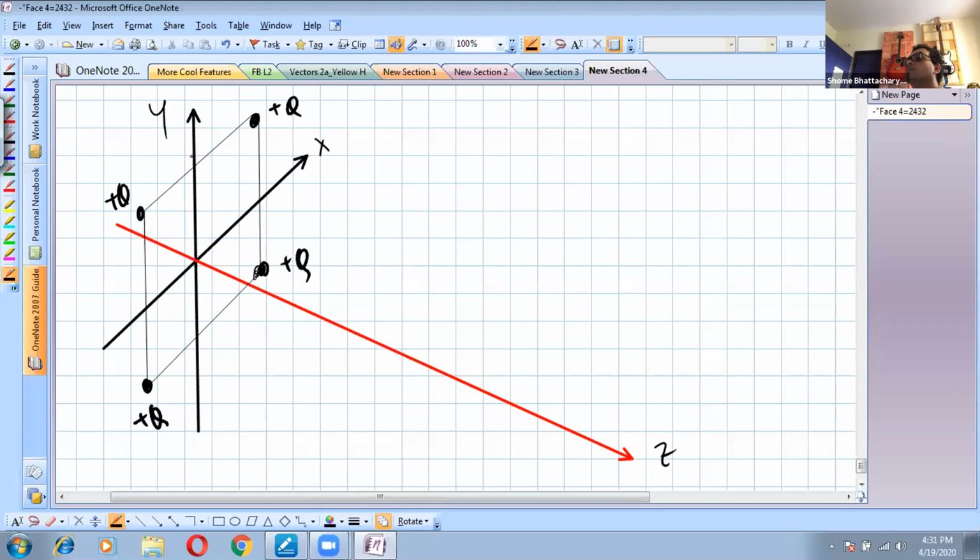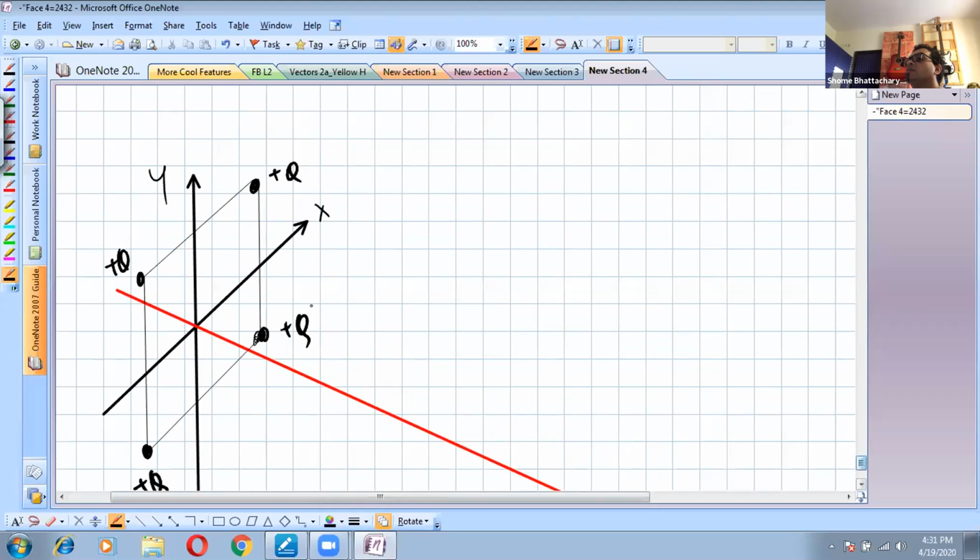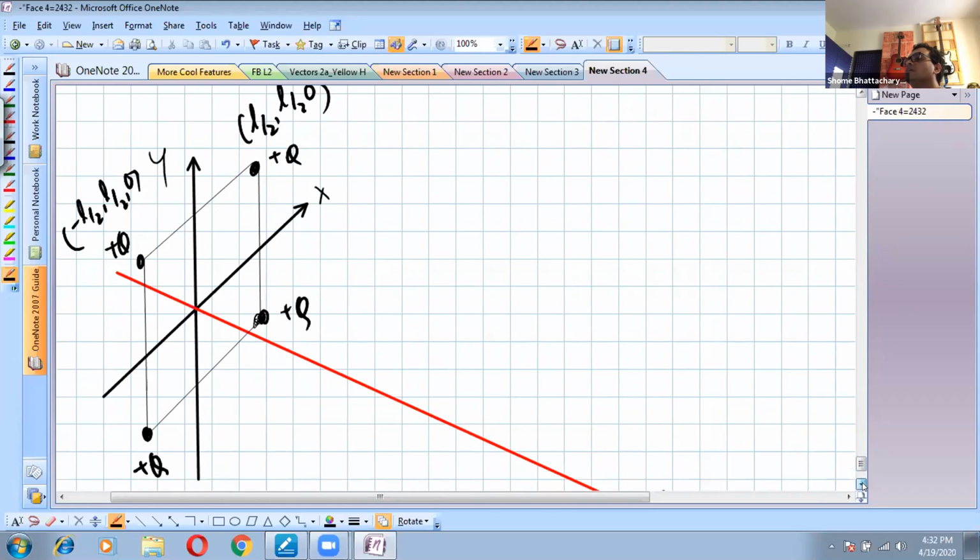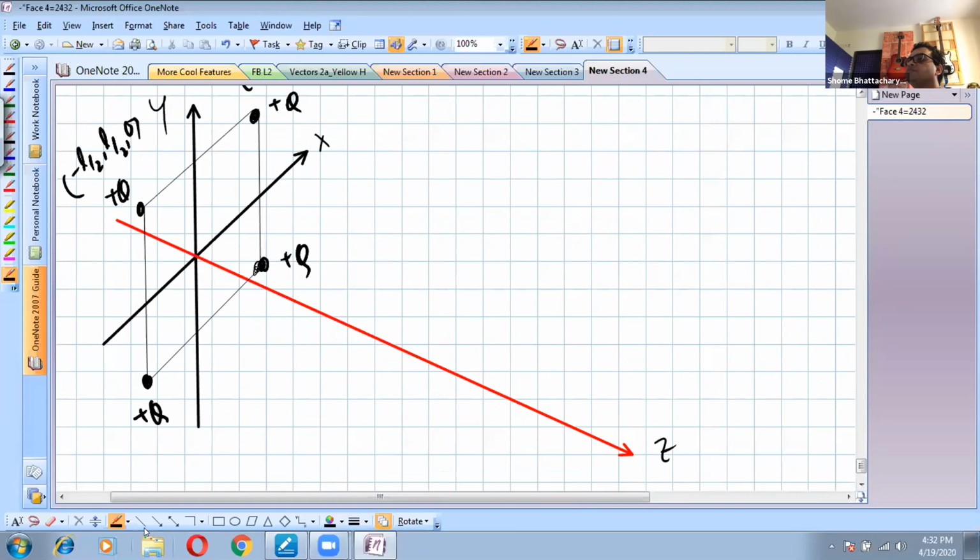For example, if the square is L by L in dimension, so this particle is lying in the first quadrant of the XY plane. So it will have coordinates of plus L by 2, comma plus L by 2, comma 0. Similarly, this will be minus L by 2, plus L by 2, comma 0, like this, and like that for this and this. Now you consider any point over here.